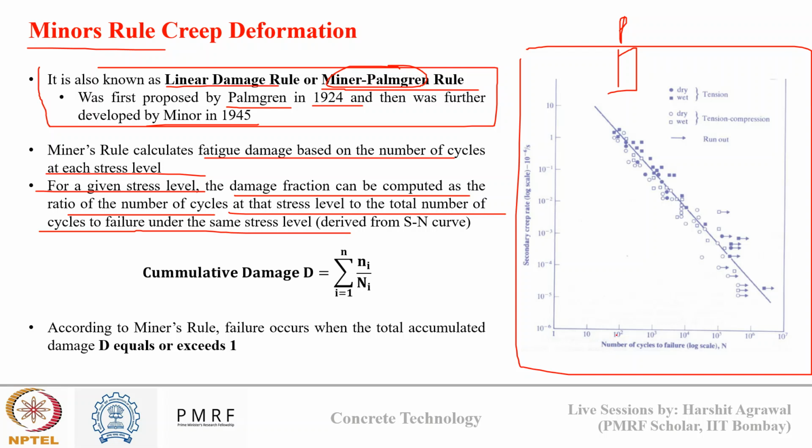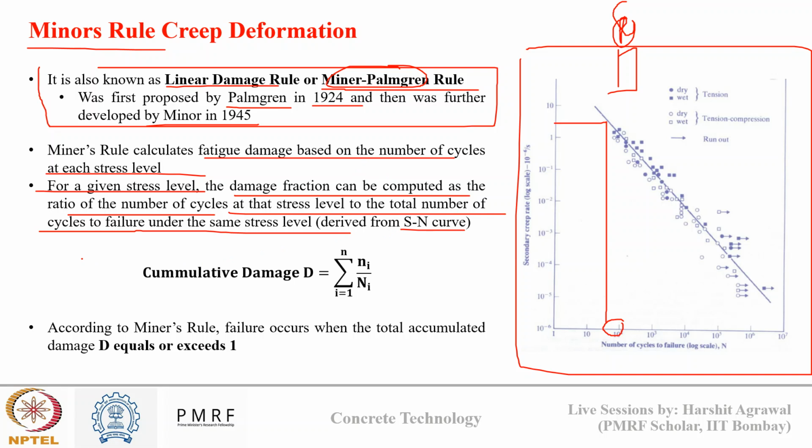After 10 cycles it will give me failure. But if I change the P load quantity, that amount of load, my number of cycles to failure can change. So this curve relates how the number of cycles to failure changes with the secondary creep rate. Okay, so this is known as the SN curve.